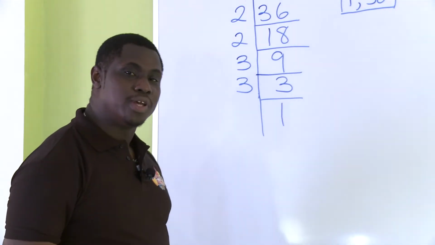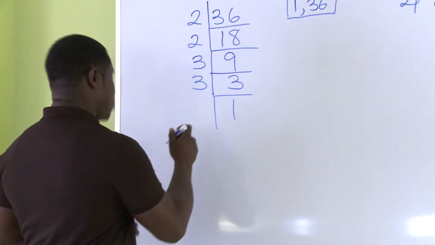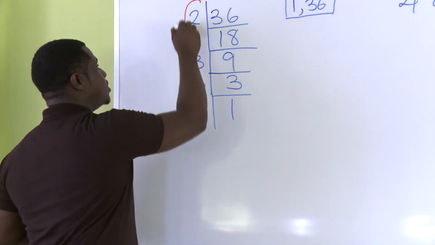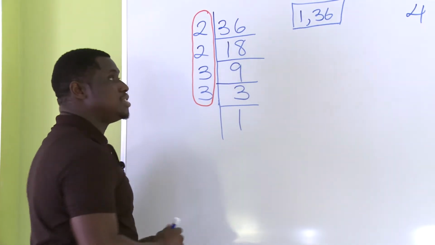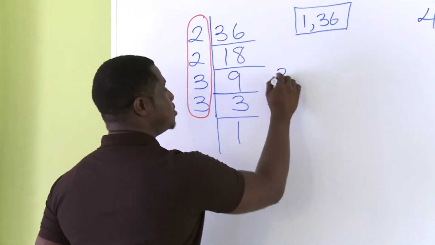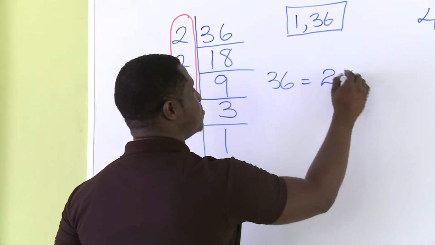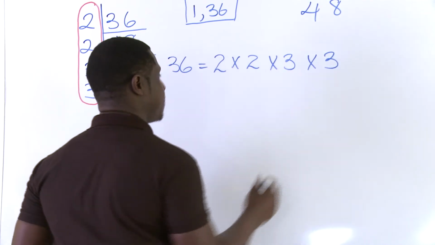So for me to express the number 36 as a product of prime factors, all my prime factors are listed on the side here. So 36 can be represented by the multiplication of 2 times 2 times 3 times 3.